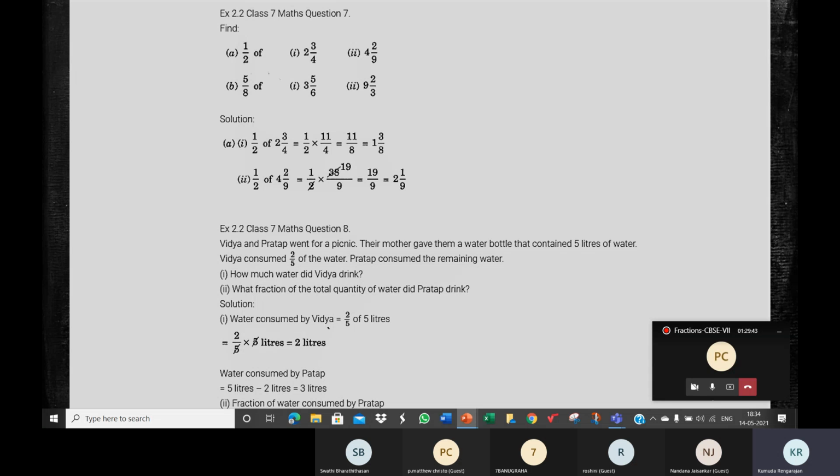I'll text in the group. Be prepared for the test as if it is going to be tomorrow evening. Don't postpone. Once the paper is ready, I'll upload it in the portal and schedule it for you.